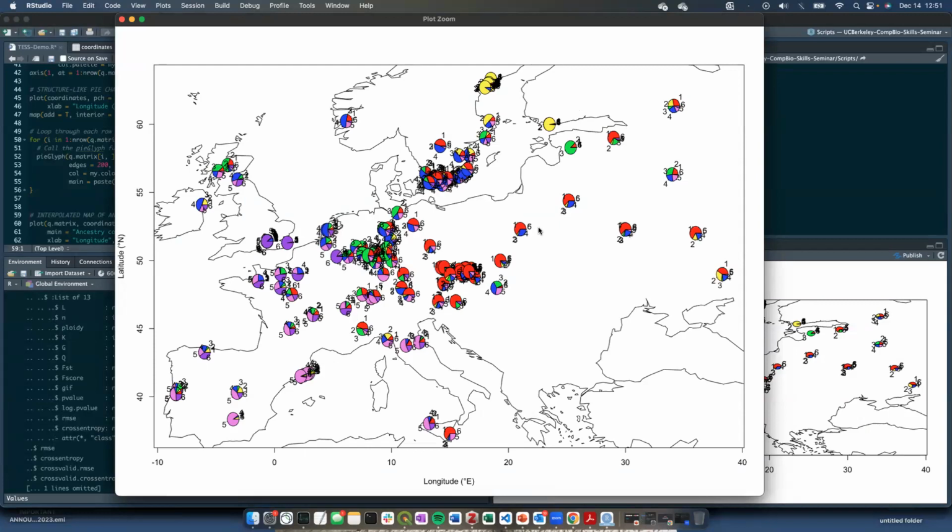I apologize for the numbers. I can actually get rid of those with the pie glyph package from R. But again, these types of pie charts are what you see really often in things like your STRUCTURE and admixture analyses. And then we can see some patterns start to emerge here, where we have some of these violet groups in one region, and some of these red groups in another.